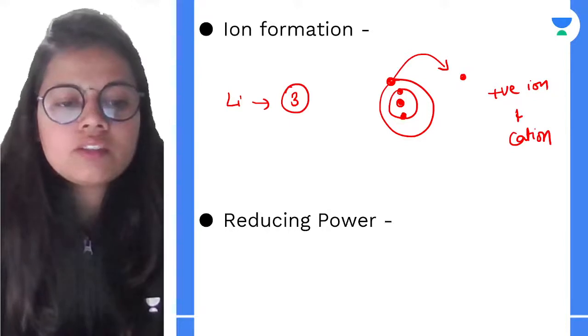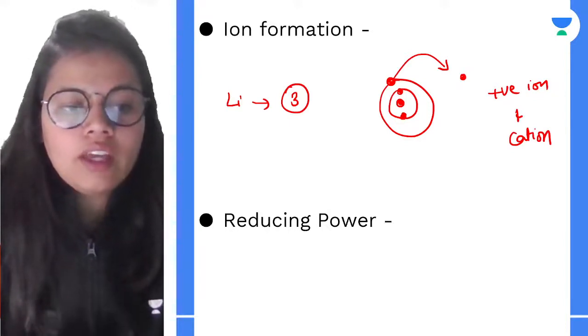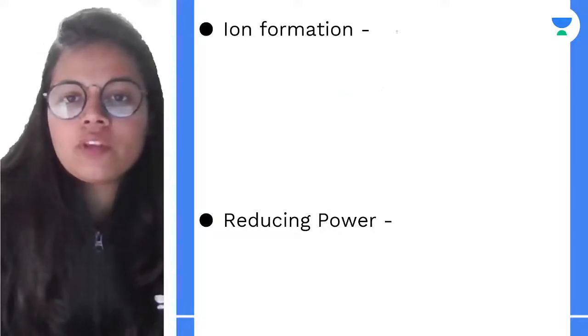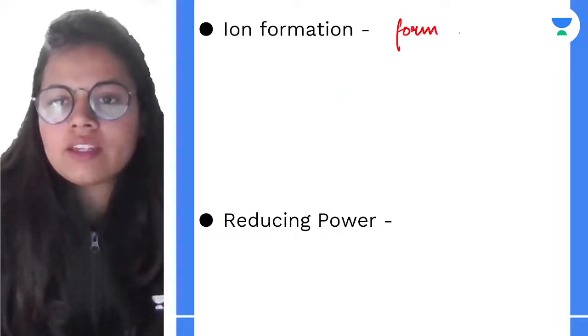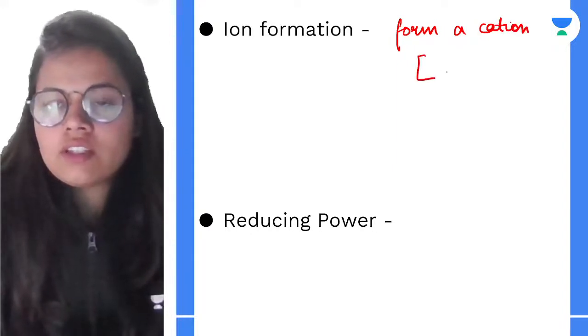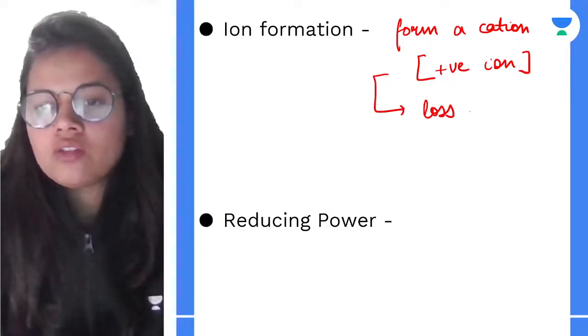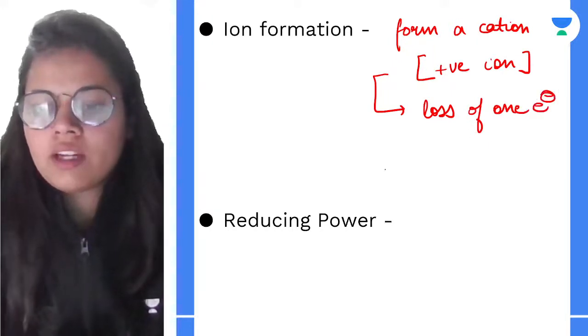So the same thing you will be seeing in all the alkali metals. What happens? They form a cation. Cation means a positive ion. So I'll just write it over here. They form positive ion. And how are they forming? By loss of 1 electron. Correct?